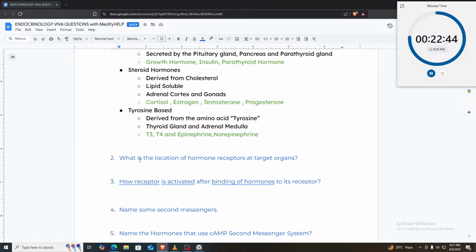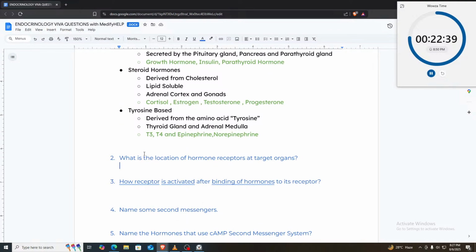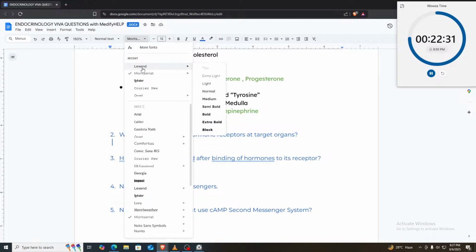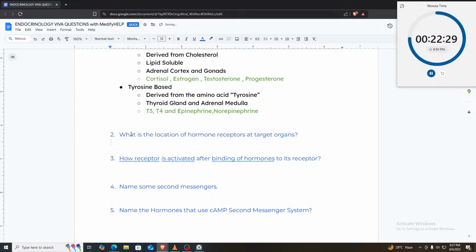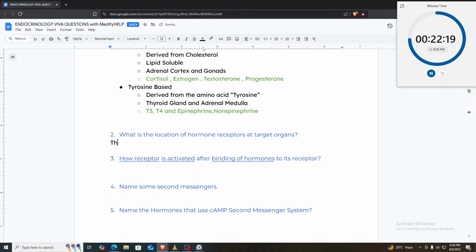You have to have a bit of detail on those types. So no pressure, let's get to it. Let's get black available for us. So they depend on the type of hormone, and that's a key point.